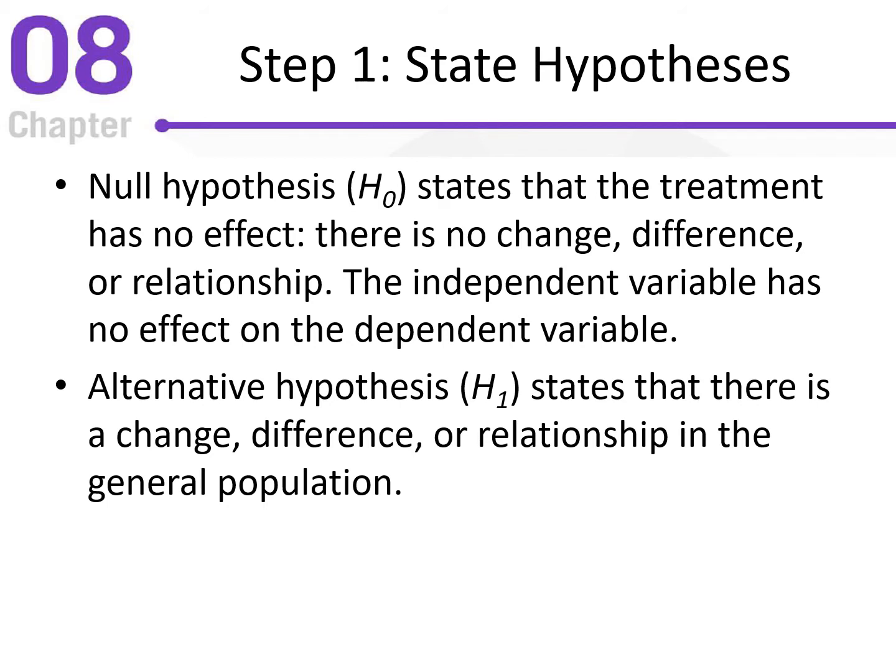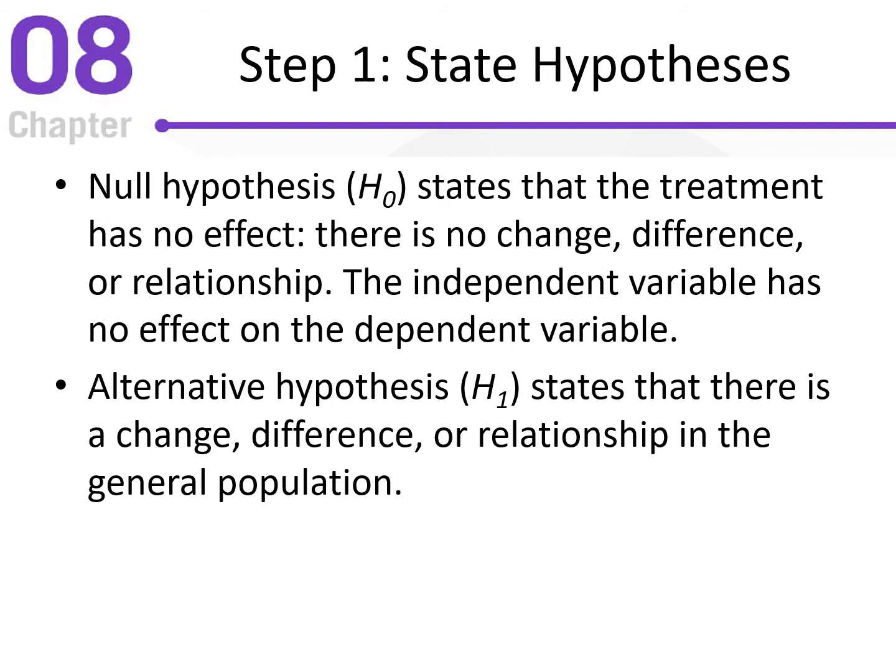And once you reject the null hypothesis, you support the alternative hypothesis, which is your hypothesis. This is your research hypothesis, that there is an effect, that there is a change, that there is a relationship. Now, obviously, this is about the general population, but we're basing our testing off of the sample.